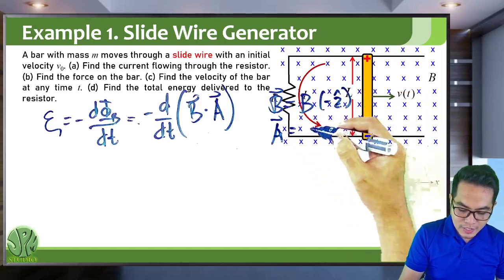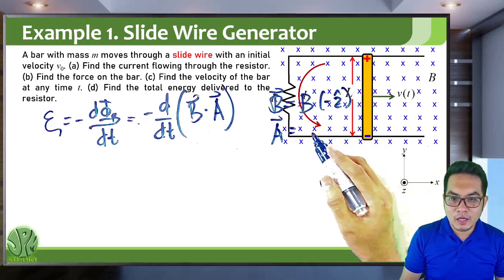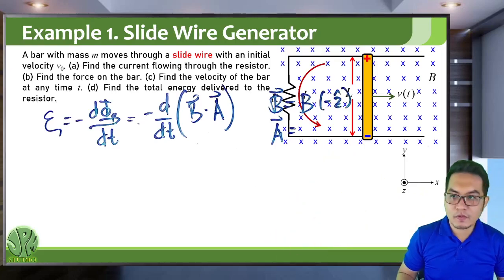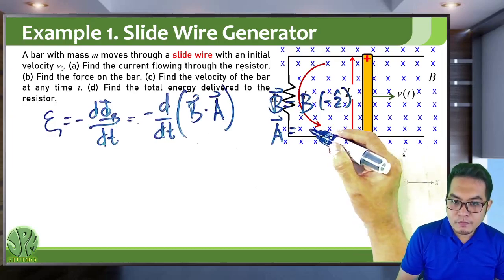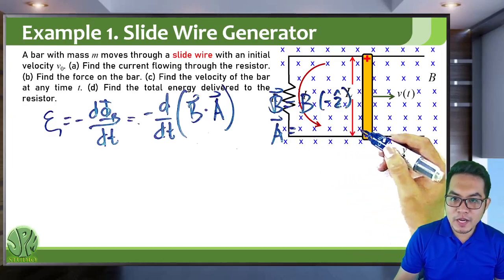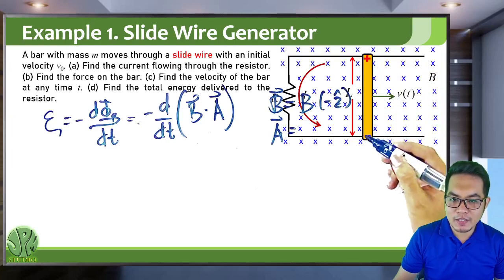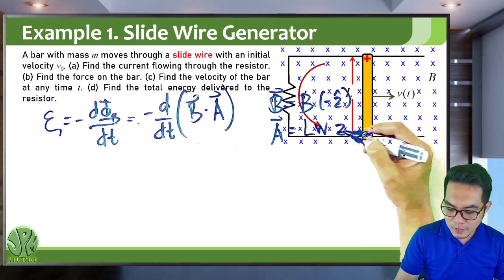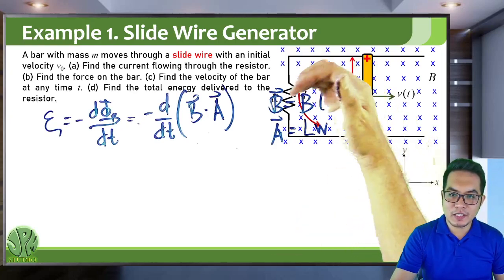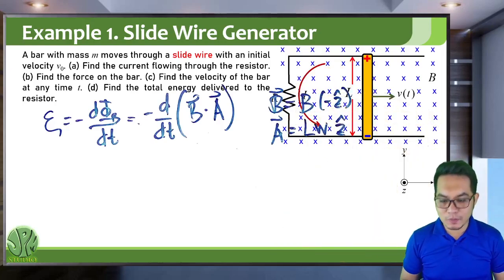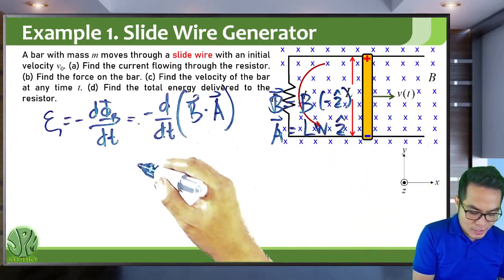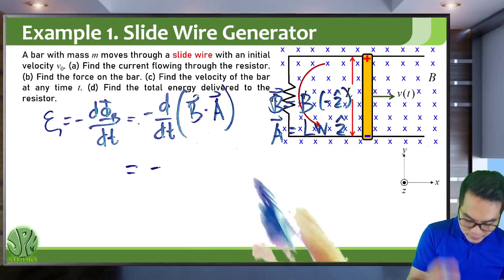Our area vector has a magnitude A. The area is just a square, so it is the length of the bar, L, times the width, and the direction is positive z hat, because the direction of the current is in this direction, so the area vector is positive z hat out of the page. So z hat is just 1, and you have a negative sign here, so you get negative BL times the width.